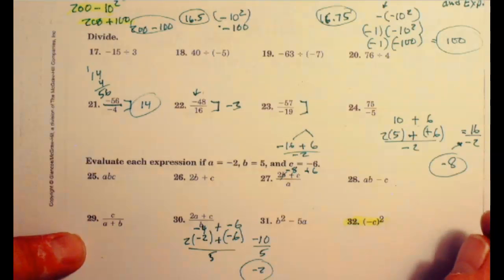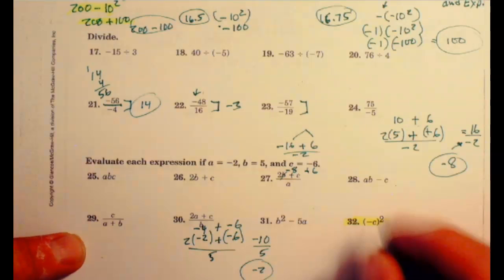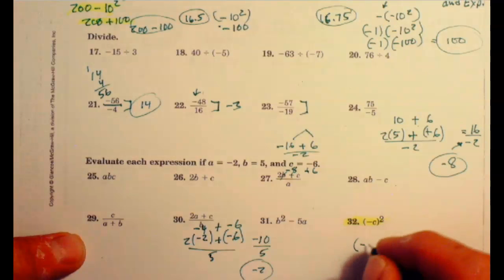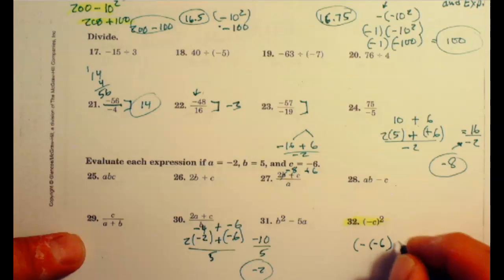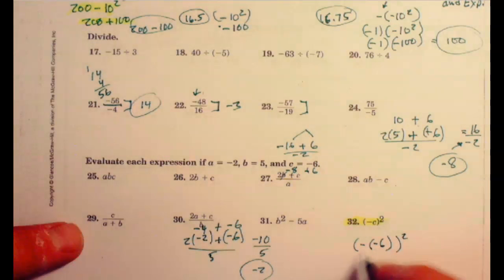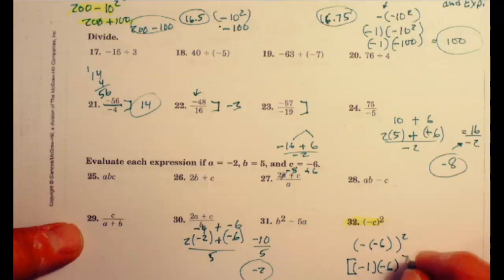Because c is a -6. So let's just write it out. Negative times, we substitute this in, we've got a -6. And then we've got the whole thing squared. Well, we can think about this as a -1 times a -6, and then the whole thing squared.